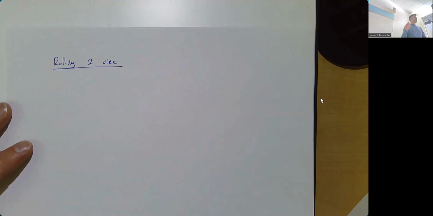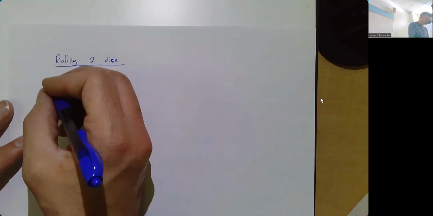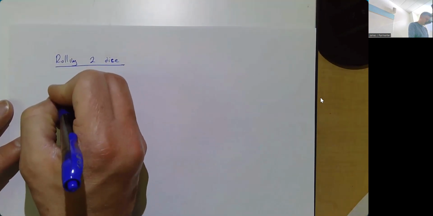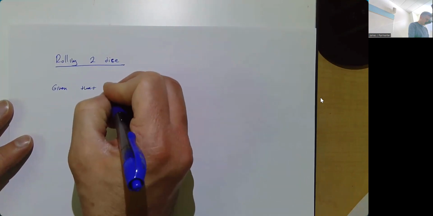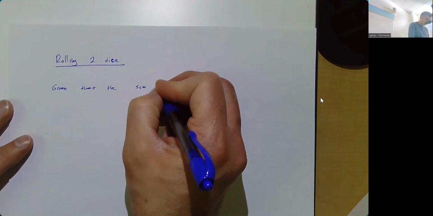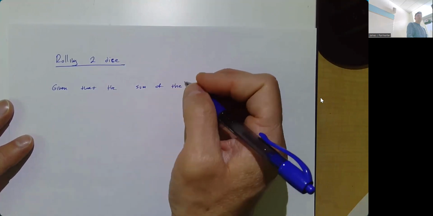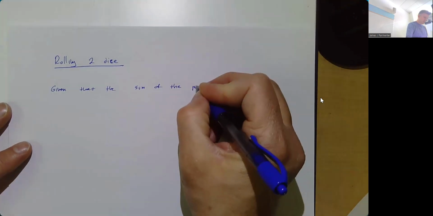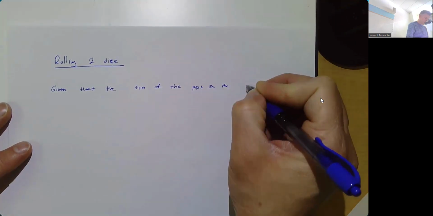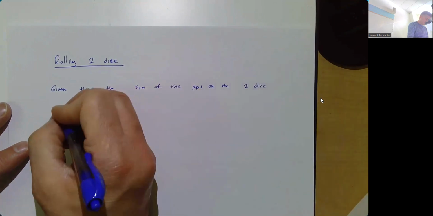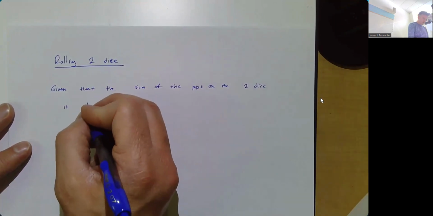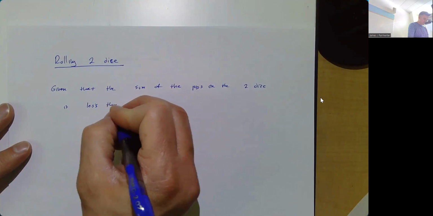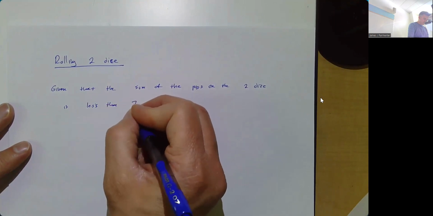And we are given that the sum of the dice, or the pips, which are what the little things on the dice are called, the sum of the pips on the two dice is less than 7.